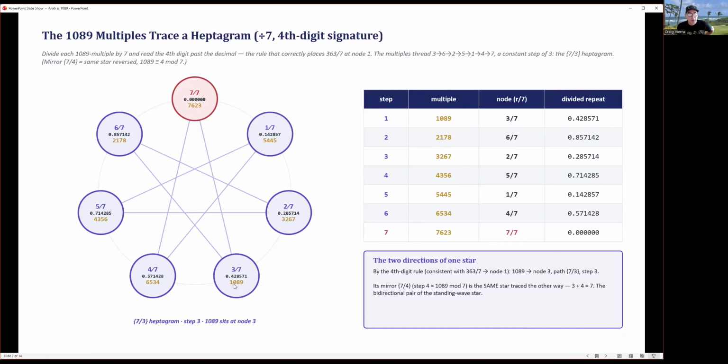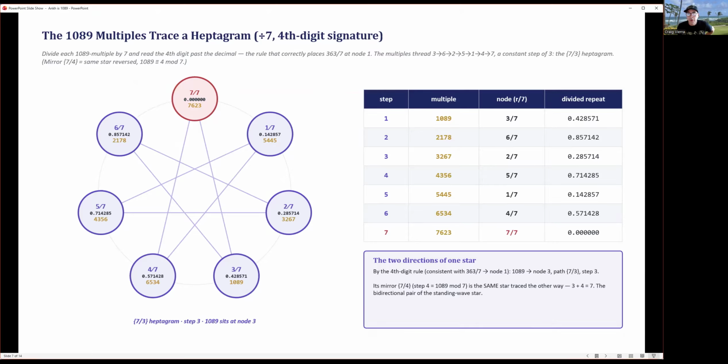It's right here. After placing the 1089 multiples onto their corresponding nodes, you can follow the pathway from 1089 to 2178, 3267, 4356, and you will see a 7-pointed star.